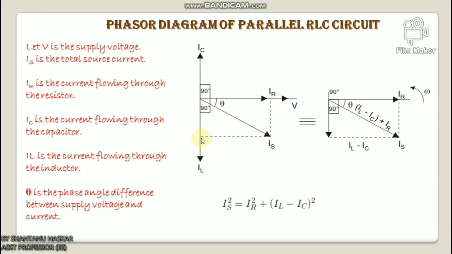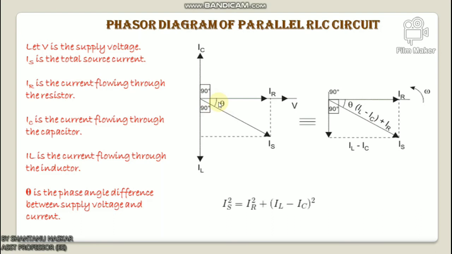Now draw the resultant of IR, IC, IL, which is Is, at a phase angle difference theta with respect to the voltage vector. So this is theta.